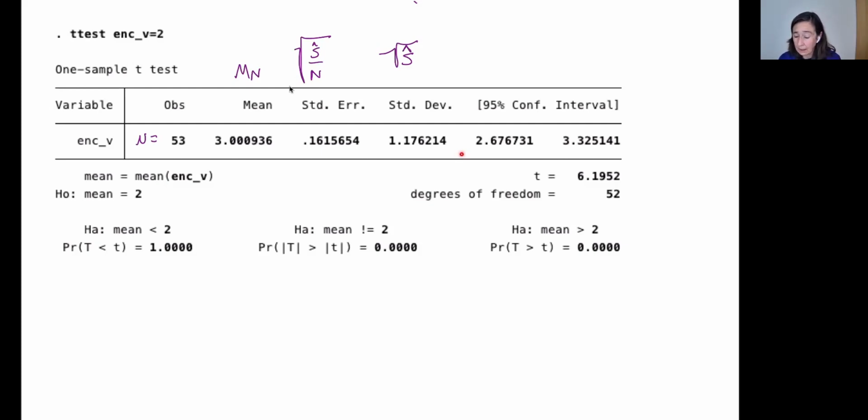It's also calculated the 95% confidence interval for me here.